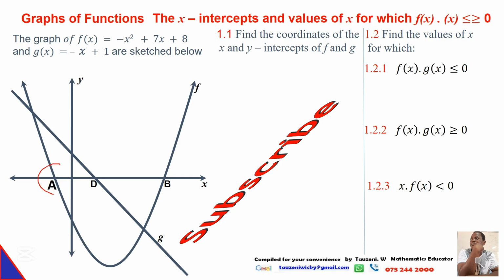To find the x-intercept, f of x must equal 0. To find the y-intercept, x must equal 0. And we explained that the x-intercepts are then used for answering these questions where f of x times g of x may be bigger than or smaller than 0.